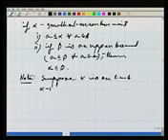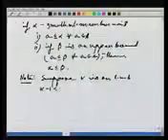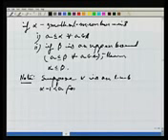Can this be an upper bound? Least upper bound means it is least among the upper bounds, so alpha minus 1 can no longer be an upper bound. Since it is not an upper bound, there must be some element in the set A which is bigger than alpha minus 1. That is, alpha minus 1 must be strictly less than a for some a in A.